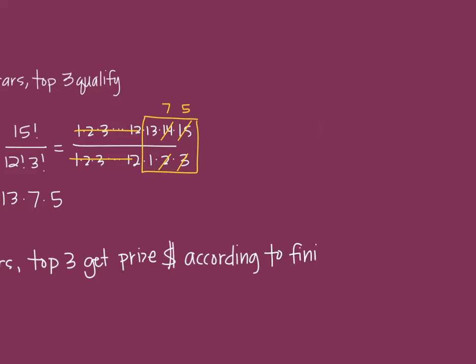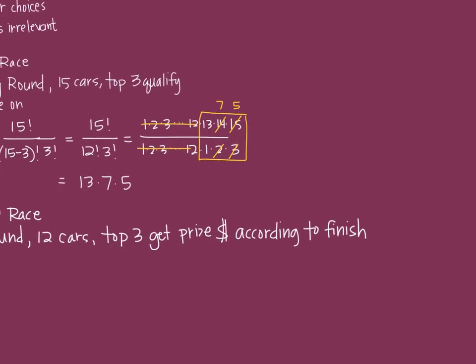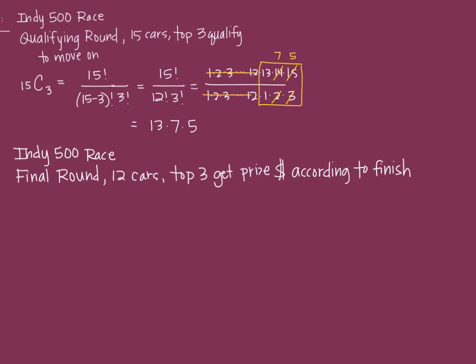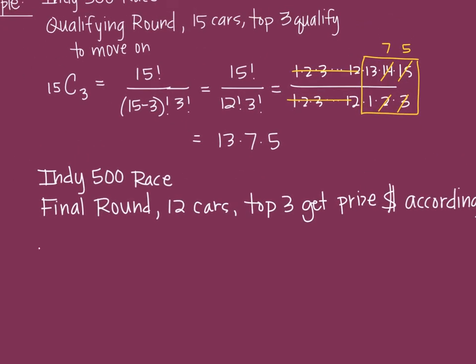And so the first place would get more prize money than the second, than the third. So when we ask ourselves the question, does the order matter in how they finish? Is there an advantage? And the answer is yes, absolutely. There is an advantage within the top 3. There's an advantage to being first, second, or third.